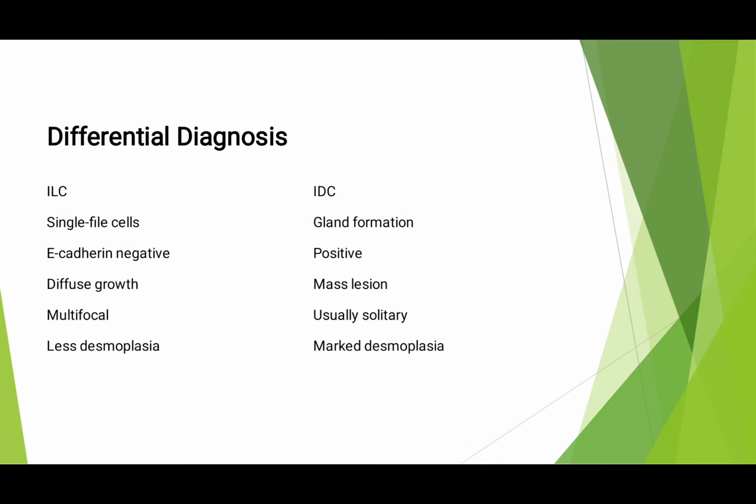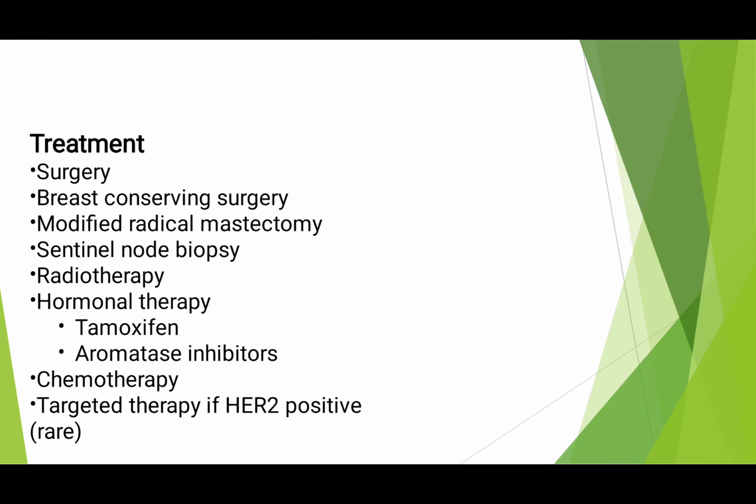Diffuse growth is there in invasive lobular carcinoma. Mass lesion is there in intraductal carcinoma. Invasive lobular carcinoma is mostly multifocal. Intraductal carcinoma is usually solitary. There is less desmoplasia in invasive lobular carcinoma, but marked desmoplasia in intraductal carcinoma.